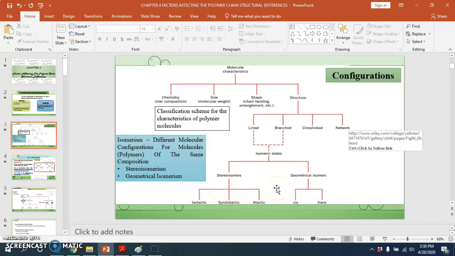For geometrical isomer, it can be categorized into two, which are cis and trans. So for cis and trans, we will discuss more details in the other slide.